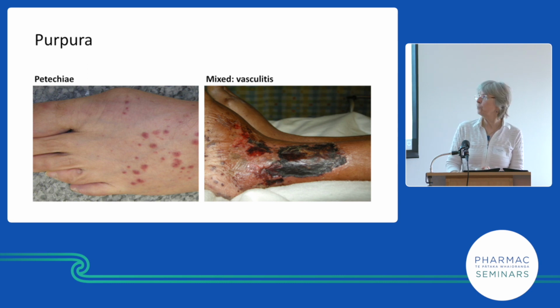But if they're small, they're called petechiae, and if they're large, they may be called purpura. If you can feel them, they're called palpable purpura. It's very important when you're evaluating someone with purpura: is it palpable? Because if it's palpable, that suggests there's an inflammatory process going on, whereas if it's not palpable, it's just bleeding.